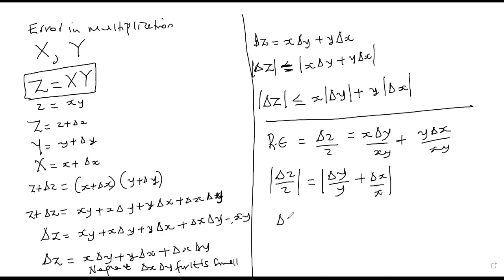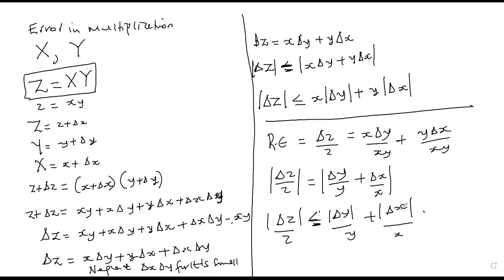When you bring in the triangular inequality also in this, delta z over z will be less than or equal to delta y over y plus magnitude of delta x out of x. So this is what we would have as the error in multiplication.